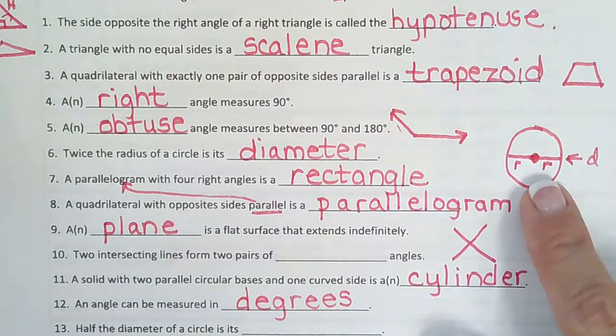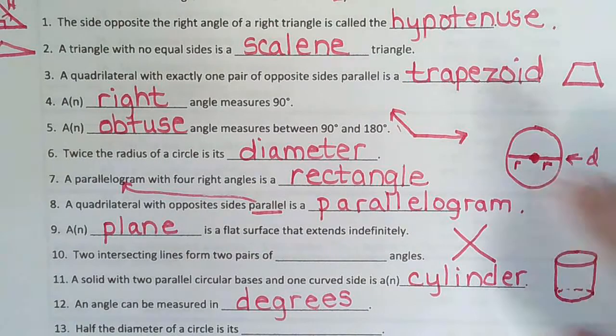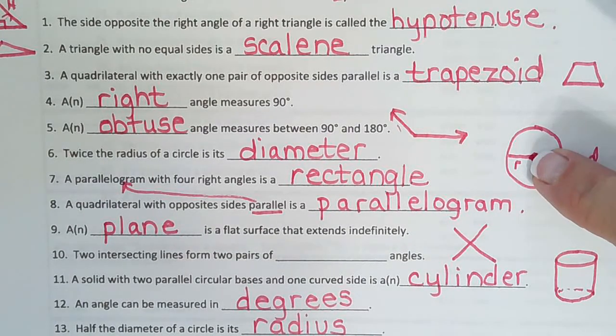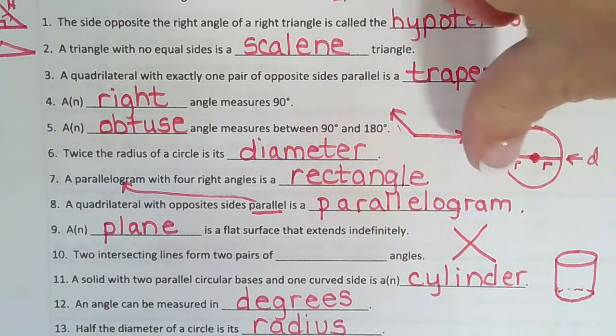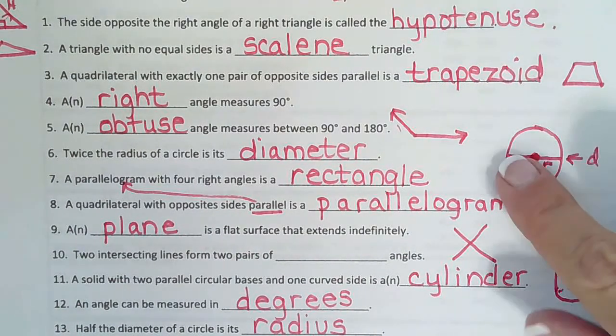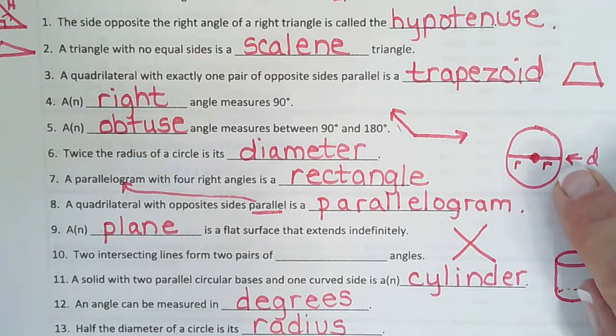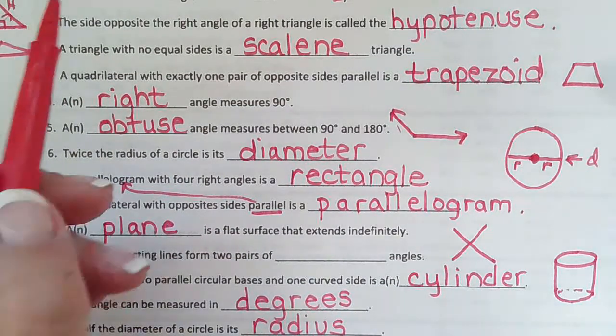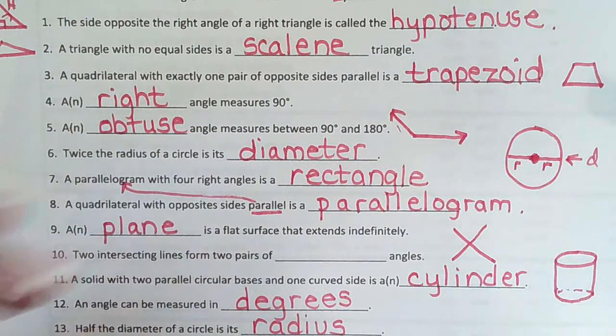So half of it is a radius. So two radii make one diameter. So if you cut a diameter in half, it's a radius. So the radius goes from the center to the side, center to the side. You add two radii together, radii is the plural, you get diameter. Okay, so let's take radius off.